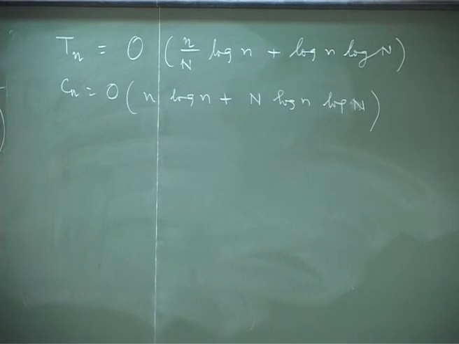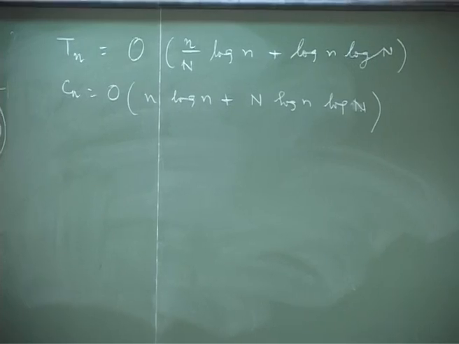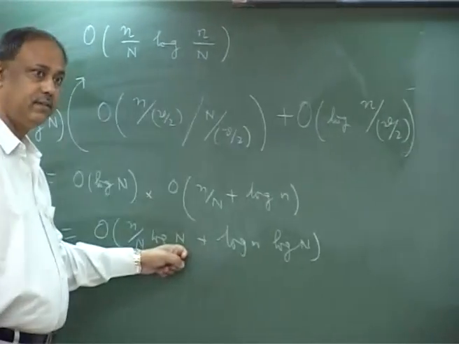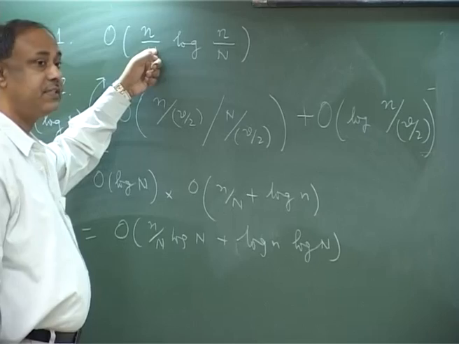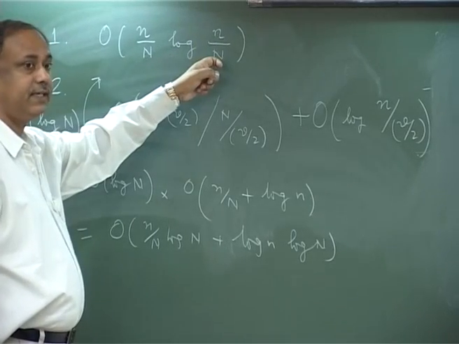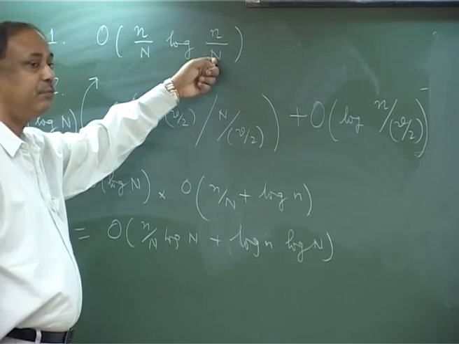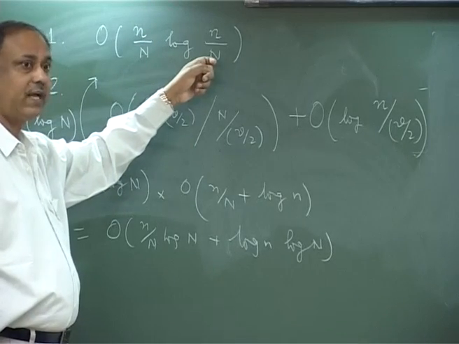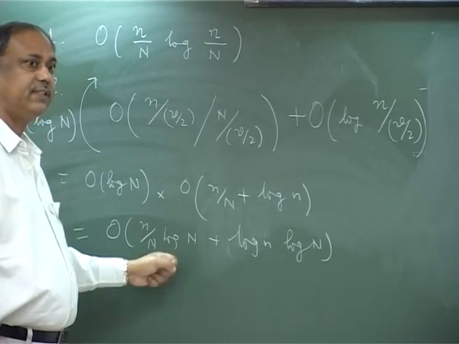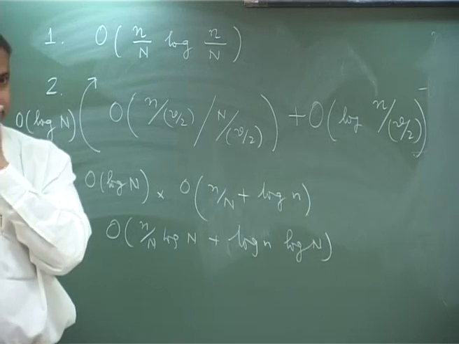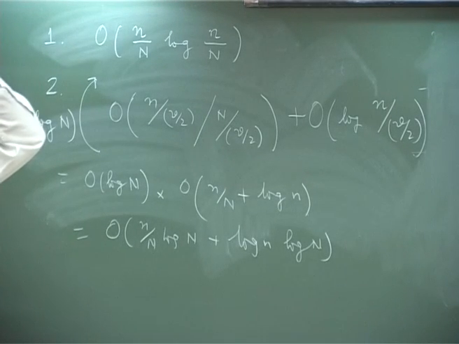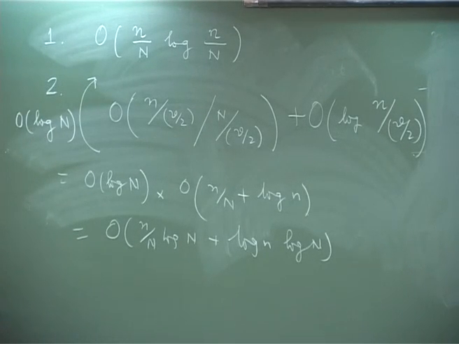Where will the number of processors, log n, capital Tn? Tn is equal to n by N log n, and you have the step 1, n by N log n by N. So this capital N will become minus n by N log n, and this is plus, so this gets cancelled. Right?